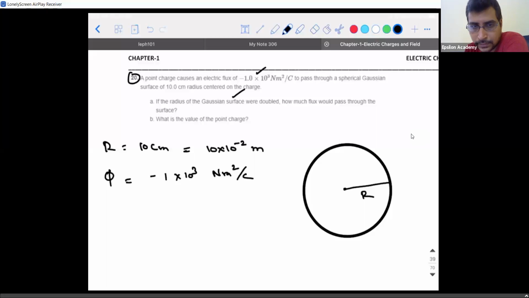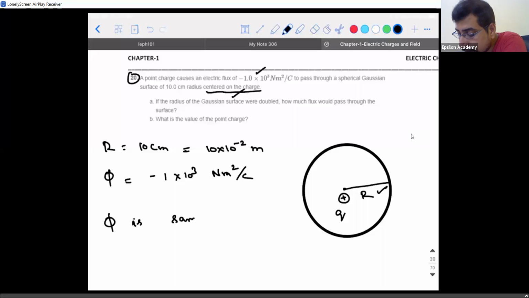What is the answer? Where is the charge present here? The charge is present at the center. They told the charge is centered. So if the charge is centered, whether you consider a Gaussian surface of radius r, 2r, 3r, anything, the flux is going to be the same.